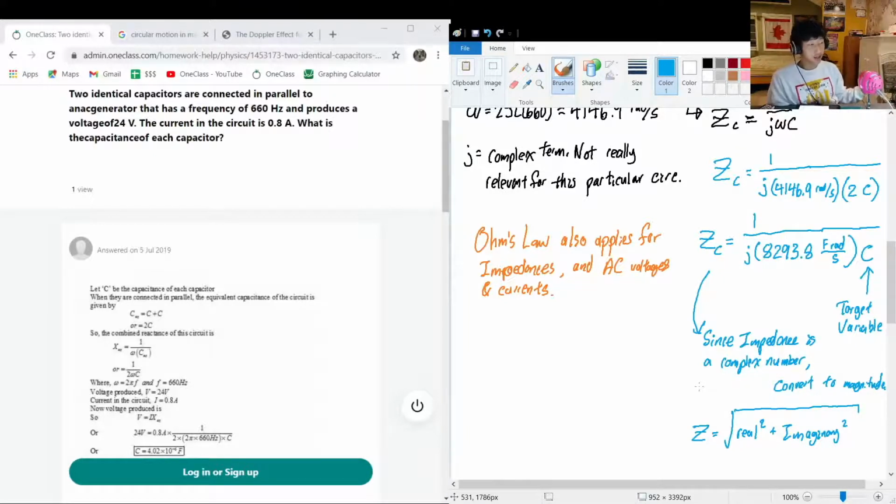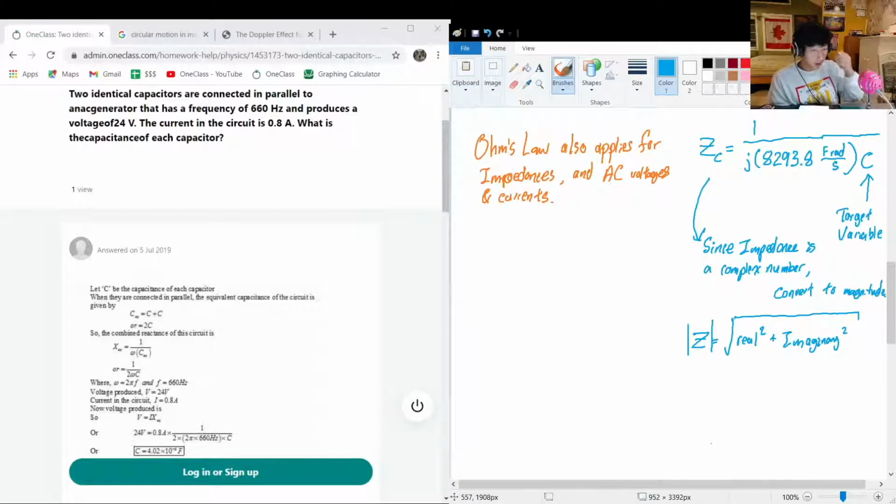Whoever has a j factor attached to them, that's an imaginary term. In this case, our Z_C impedance magnitude, and magnitude is typically represented by absolute value bars on either side of your variable. Once we surround it by that, for our Z_C, our real component is just 0, so it's just going to be squared and then square rooted.